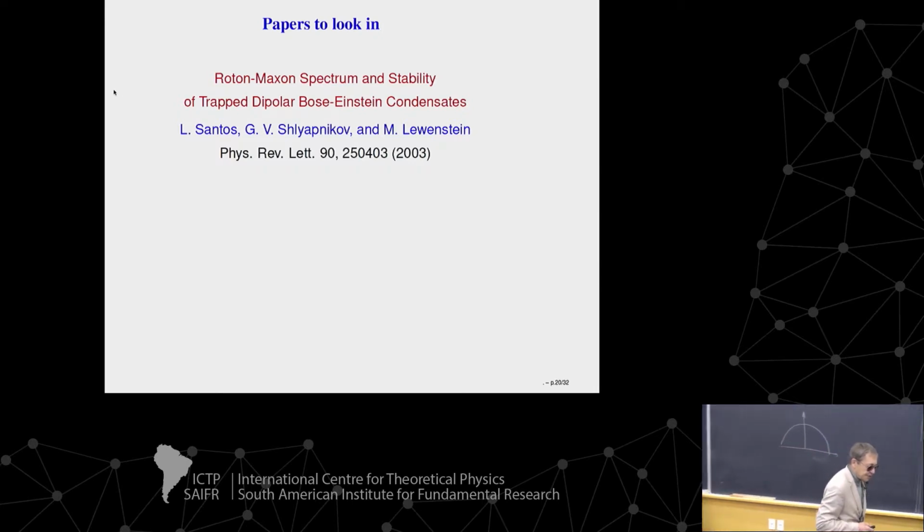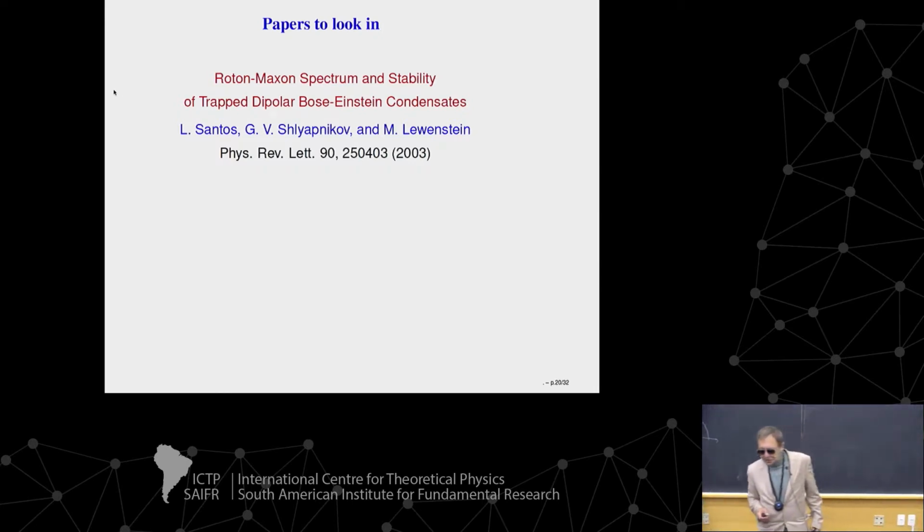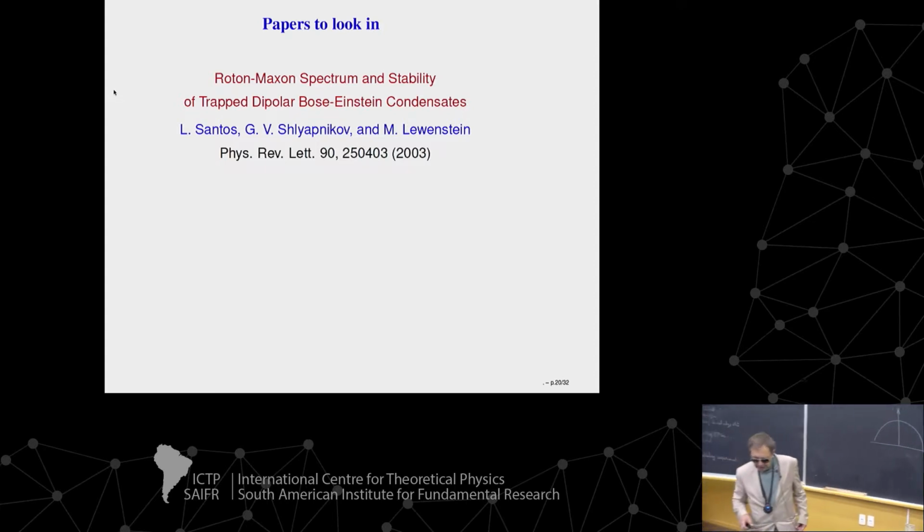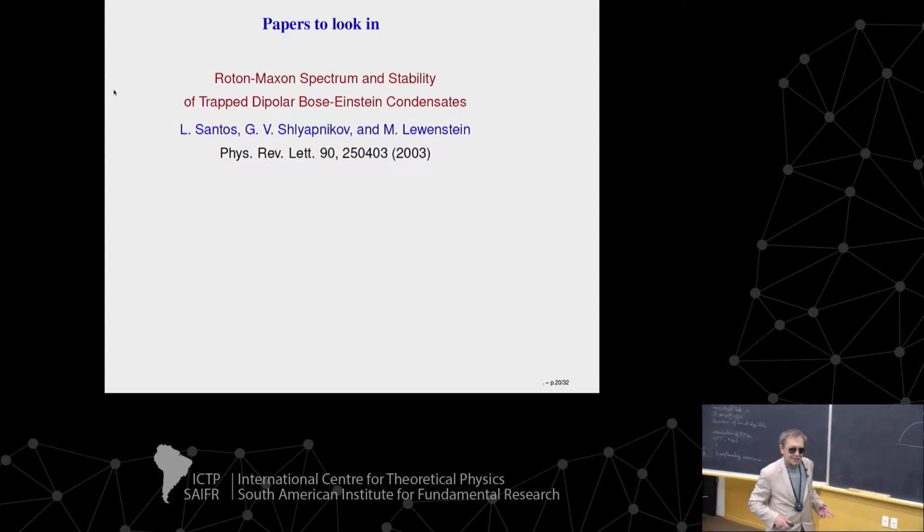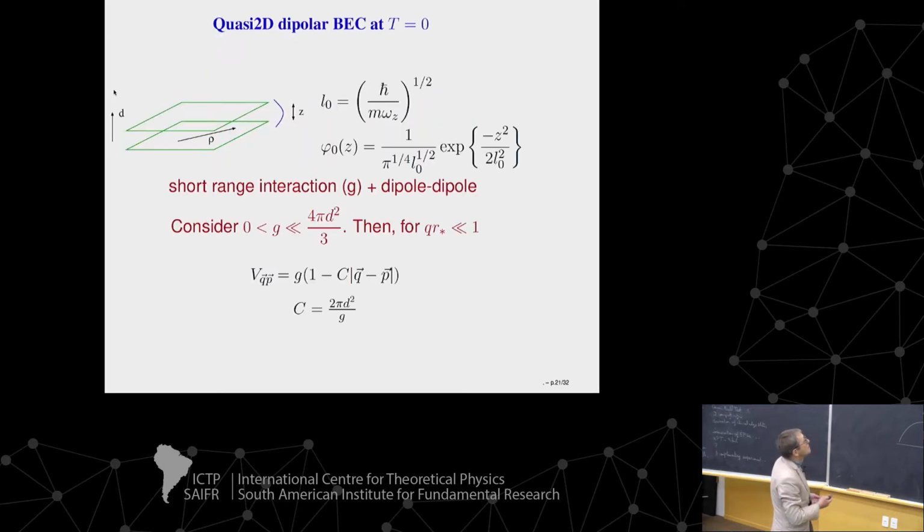So, after producing this work, we started to think whether this instability can be suppressed by confining the system to zero-point oscillations in this tightly confined direction, to the harmonic oscillator length. Yes, and that's what was done in this work. Then we have short-range interaction g plus dipole-dipole, and then we may consider g smaller than this.